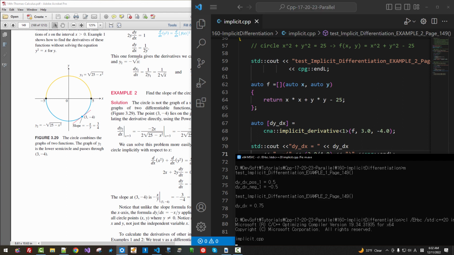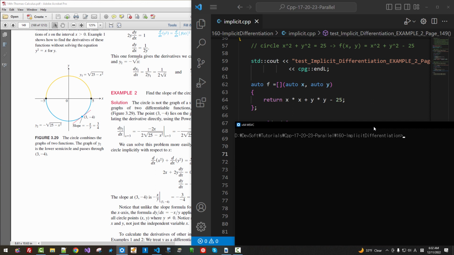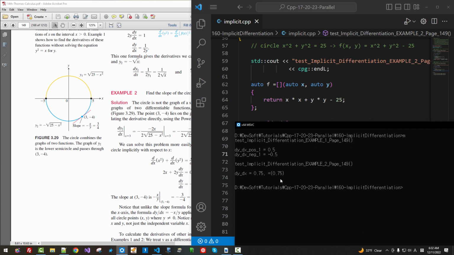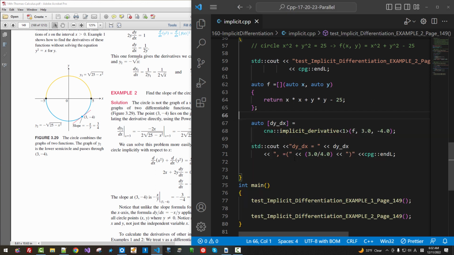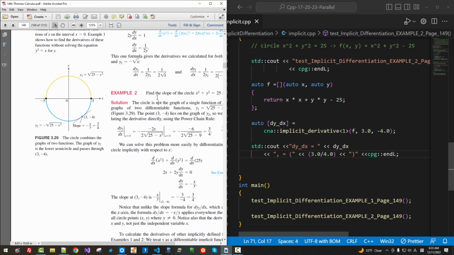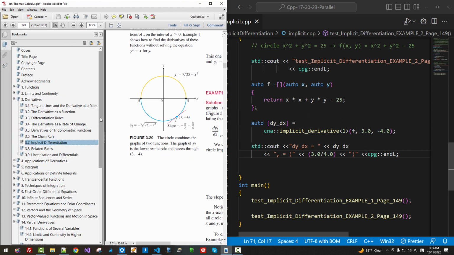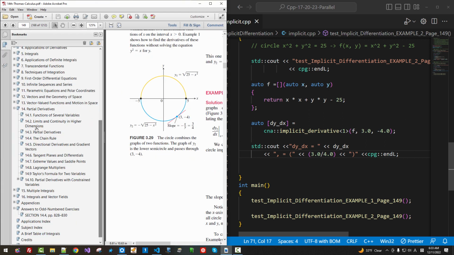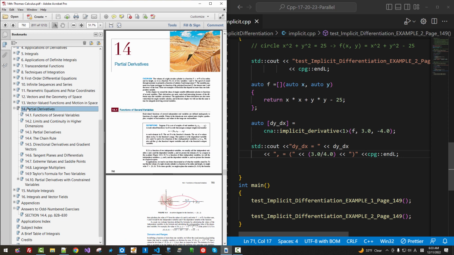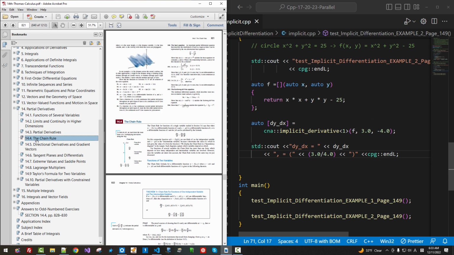We rebuild. CLSM. So it's correct. Now we will solve more advanced real application. In this book, if you scroll down in chapter 14, partial derivative, section 14.4, the chain rule.